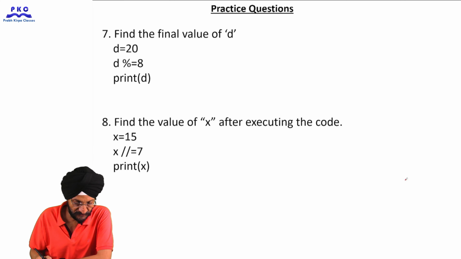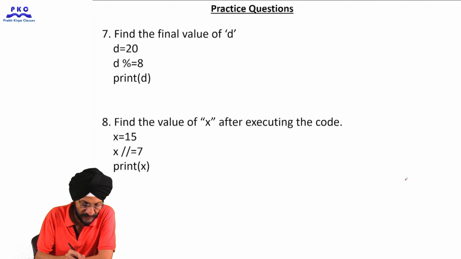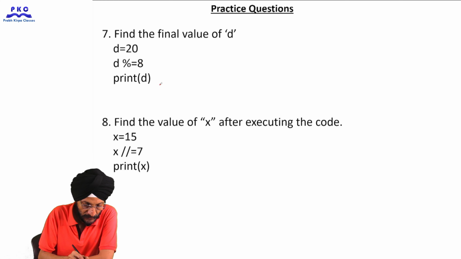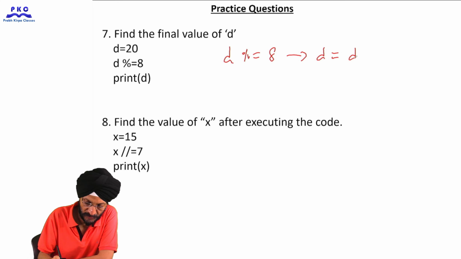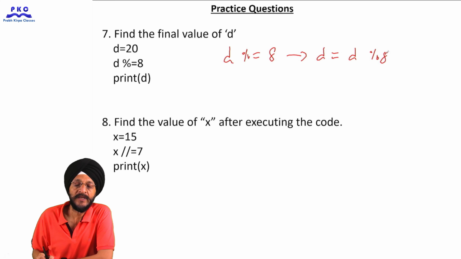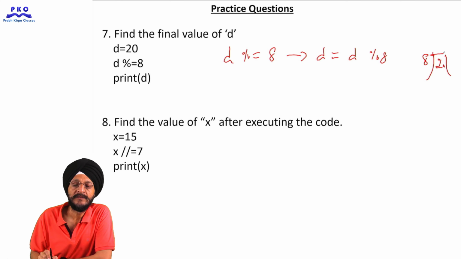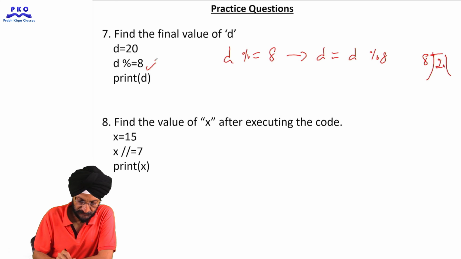Next, find the final value of D. D is equal to 20. D modulo assignment 8, print D. What is given? D modulo is equal to 8. What does it mean? It means D is equal to D modulo 8. Here in the case of modulo, we will divide the variable 20 by the figure given on the right hand side, 8.